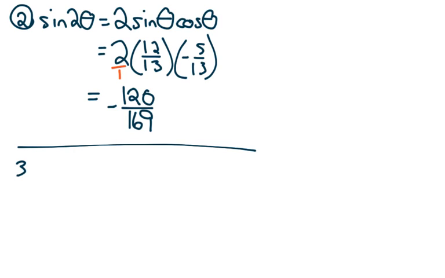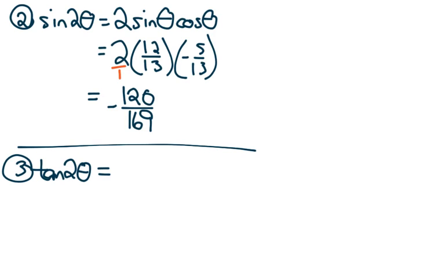Last one, to find tangent of 2 theta, we're not actually going to use a double angle identity, because to do that, we would have to find tangent theta, which all we know is sine and cosine. We can say that tangent equals sine over cosine. Find tangent theta, plug it in and find tangent 2 theta.